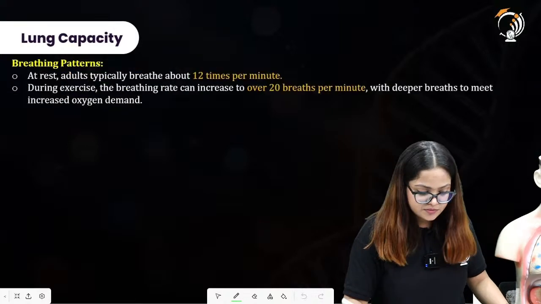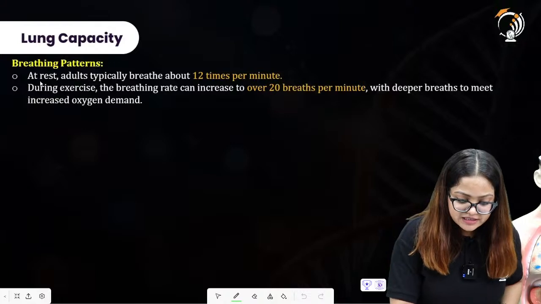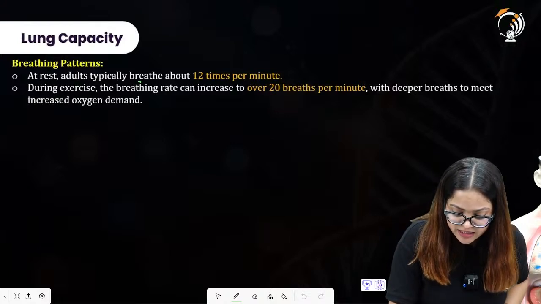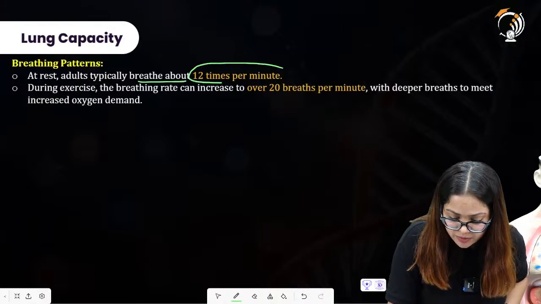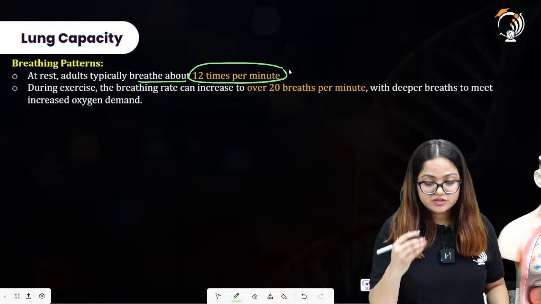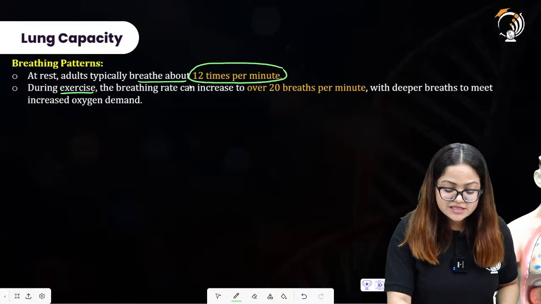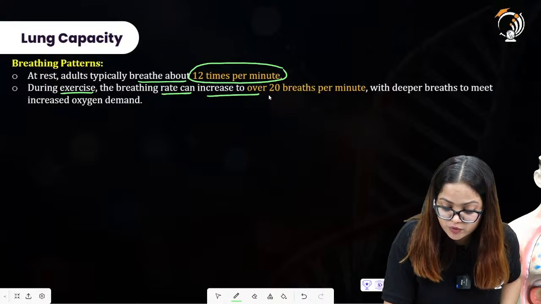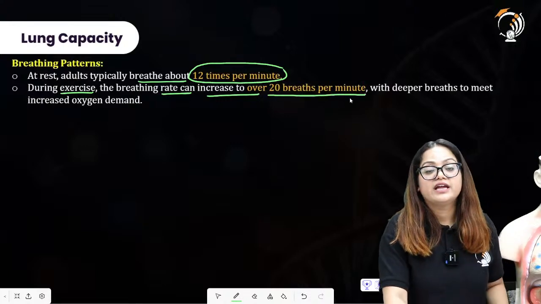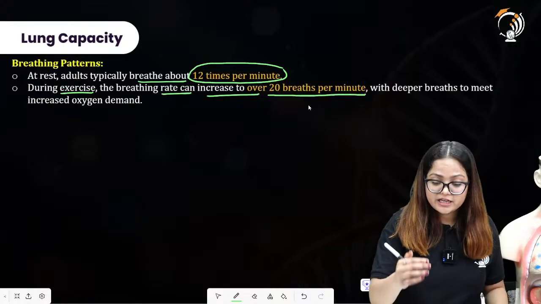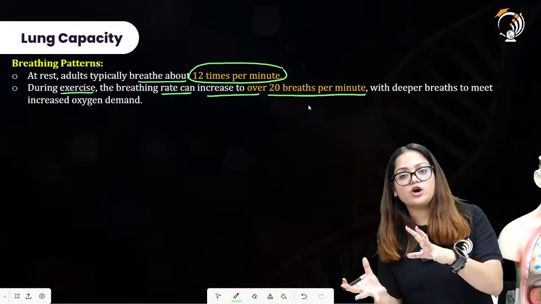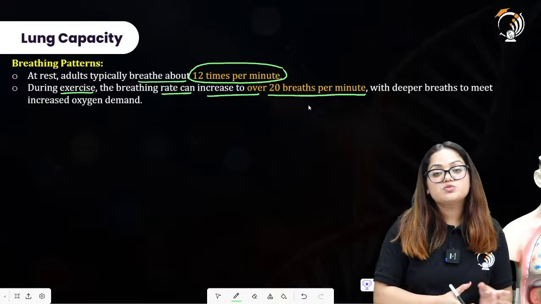Alright. Breathing patterns at rest: adults typically breathe about 12 times per minute. That is the breathing rate under normal conditions. Understood? During exercise, the breathing rate can increase to over 20 breaths per minute. Why does this occur? In order to provide more and more oxygen to our cells, to release more and more energy.